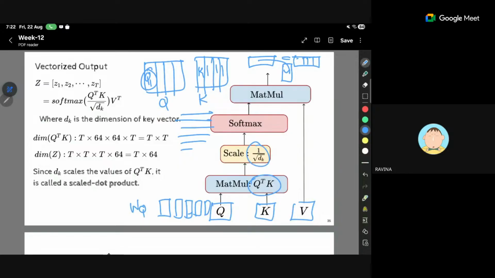So now something called scaling was introduced. As I mentioned, what we are actually trying to achieve is something called similarity scoring. Two vectors are there, and we are doing similarity scoring, so we have this vector multiplication here.